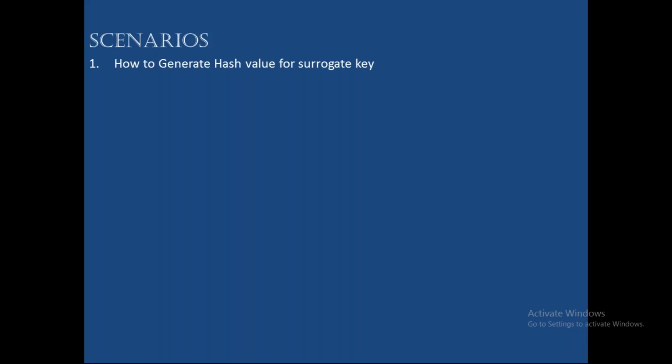The hash function takes care of everything, whatever data you give. For that data, it is going to generate the hash value. Suppose you apply the hash function twice on Cloud Pandit, both times the hash value will be the same, because the hash value is generated based on the data which you are providing.